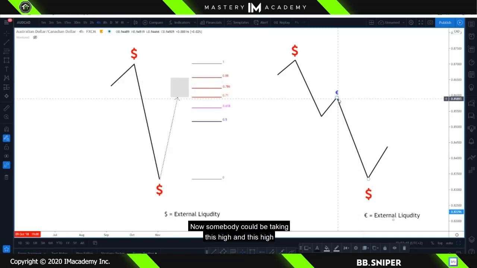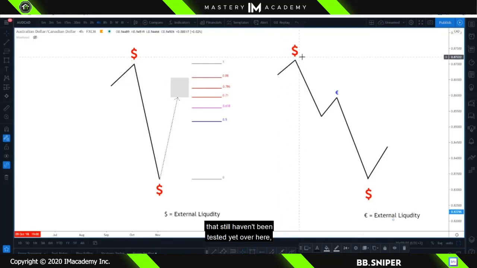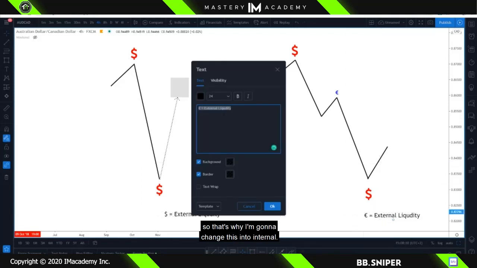Now somebody could be taking this high and saying that this is external liquidity. That's why I put this as external liquidity. But for me, if you look a little bit at the bigger picture, let's say for example we have an institutional candlestick or imbalance or mitigation candlestick that still hasn't been tested yet over here, we could be saying that this is internal liquidity. So that's why I'm going to change this into internal.